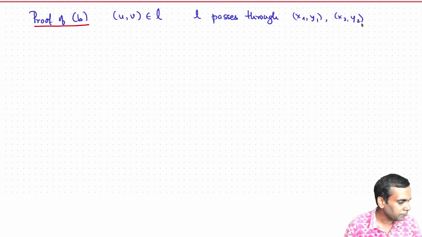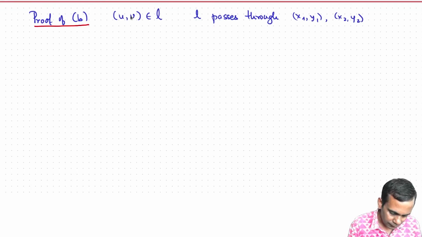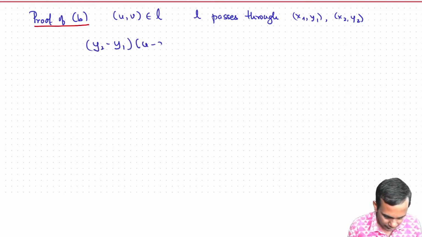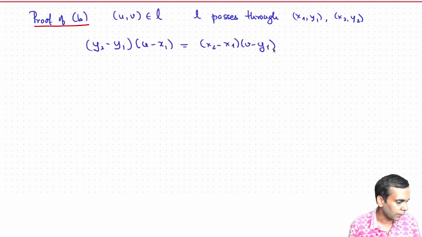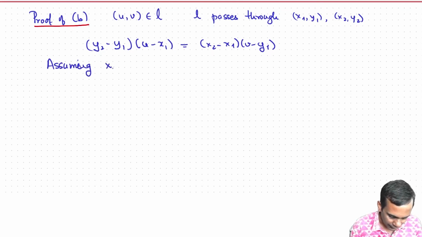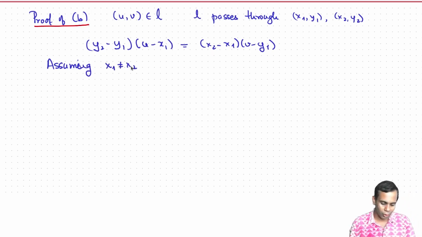As I already explained, the condition for a point to lie on this line is that (y2 minus y1) into (u minus x1) is equal to (x2 minus x1) into (v minus y1). We have to assume that these points x1, y1 and x2, y2 are not the same. So assuming that, for example, x1 is not equal to x2; if they are equal, then we have to use the fact that y1 will not be equal to y2.